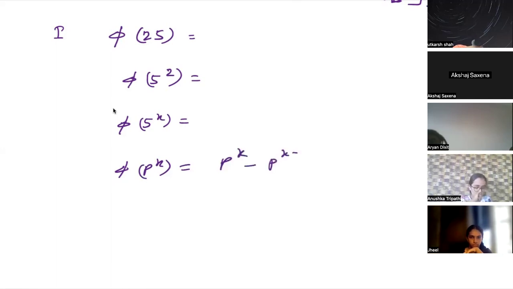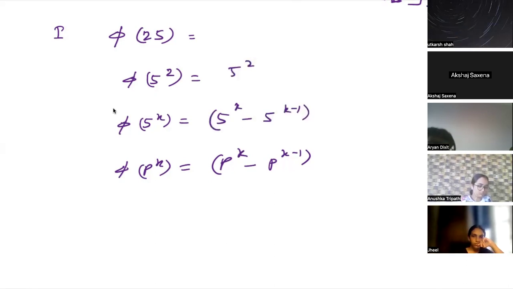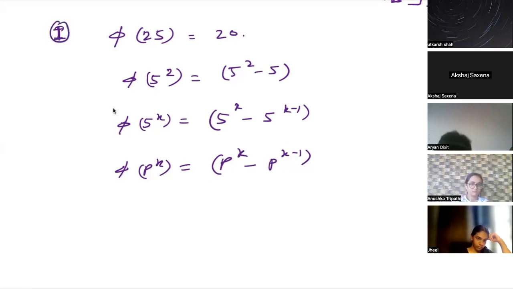Means 5 square minus 5. So this will be 25 minus 5, which is 20. This is one of the formulas; if the prime is given, you have to apply this to find it.